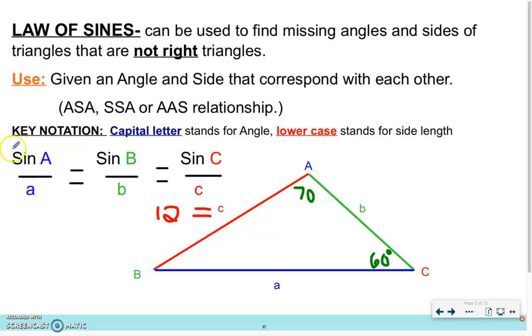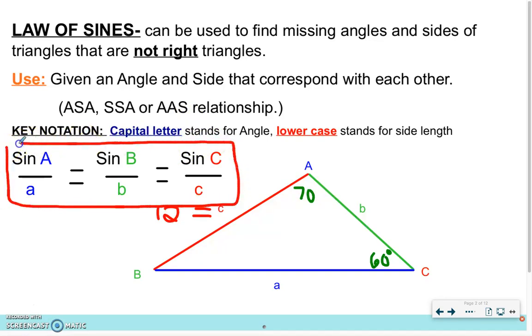The key formula is that we take the sine of any angle that we have. In this case it'd be 70, over the side that is across from it. Since this angle builds this side length, this angle builds this side length, and this angle builds this side length, the bigger angle C is, the bigger the side length C is.